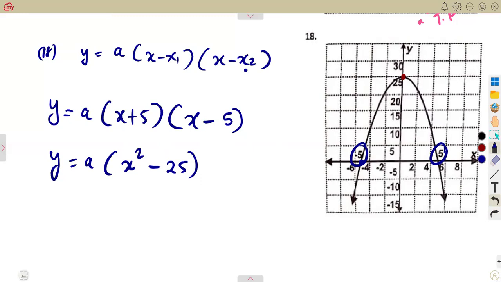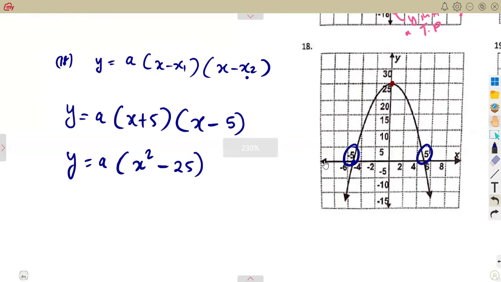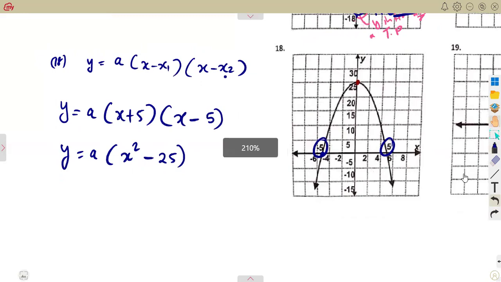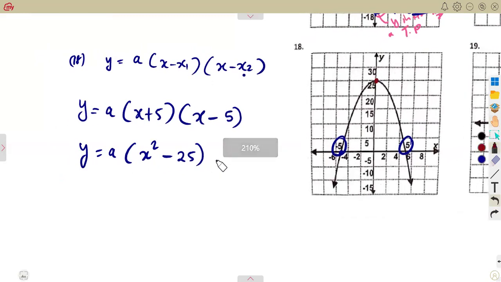But this is not enough because we do not have the a. So like I said, to determine the value of a, you are going to consider any point that is clearly given on the graph. We can consider the turning point, which corresponds to 25 in this case, our turning point or the y-intercept. It's up to you.